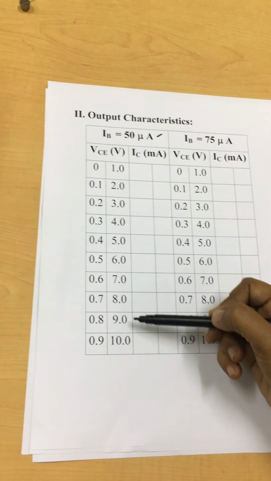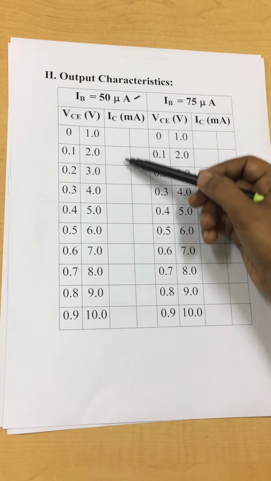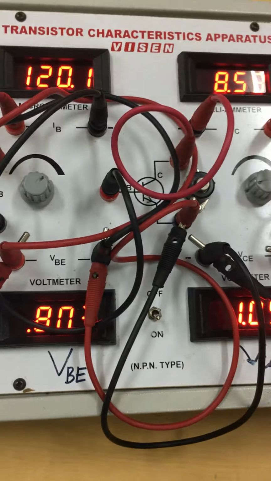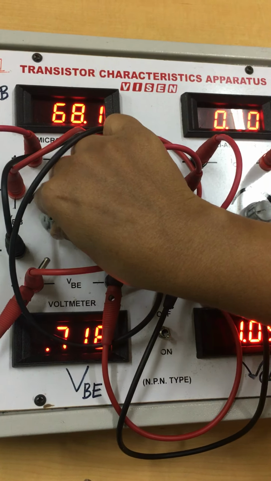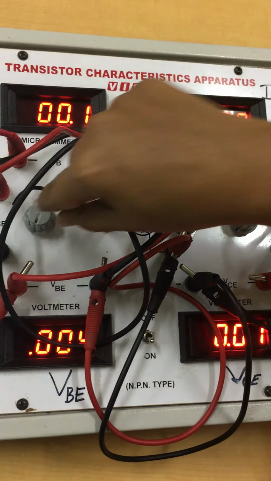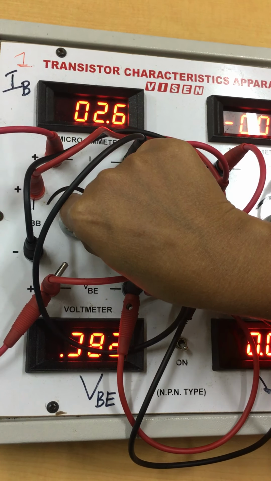After that I'll increase in steps of 1 volt only. I'll be varying VCE and I have to note down this IC. So coming into this circuit diagram, this IB should be kept at 50 microamps. So this is IB. I'll keep this IB at 50 microamps.